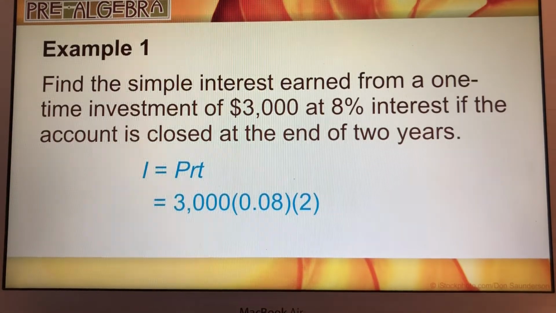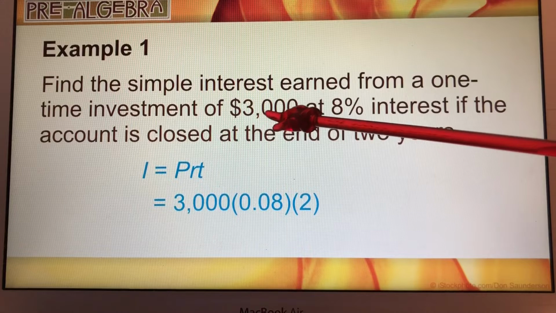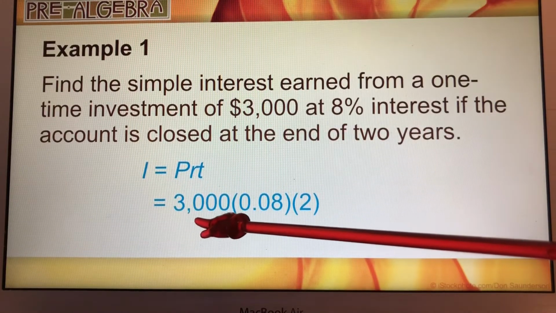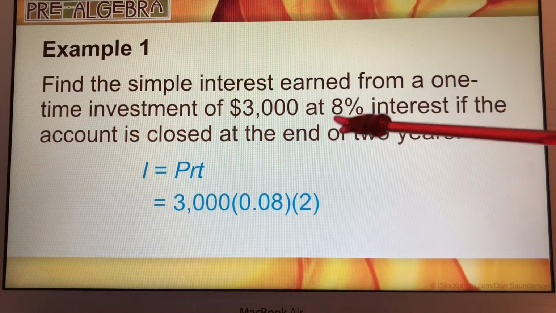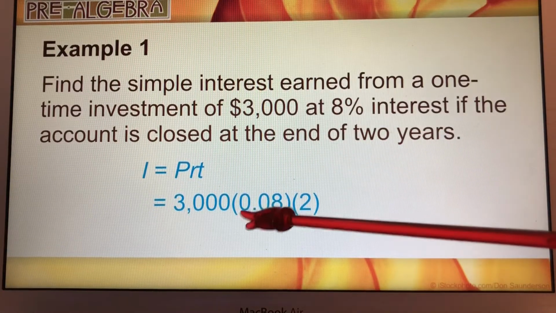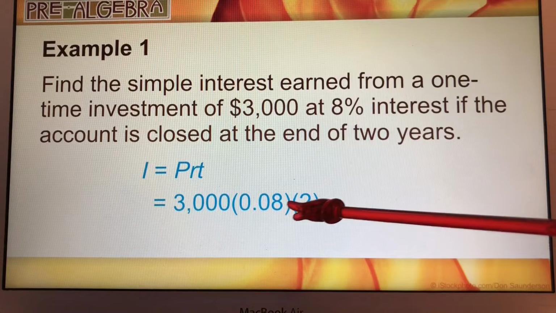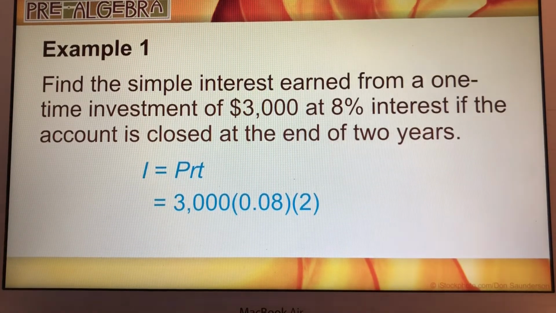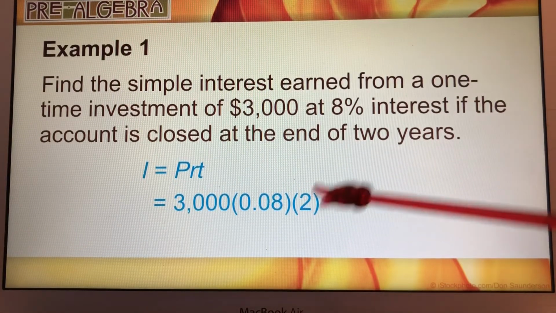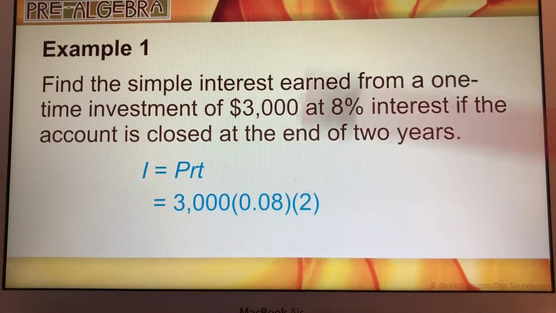Now, the principal here is $3,000. The interest is at 8%, the rate. 8%, 0.08. And then the time that the person wanted to borrow this money for was 2 years. So plug in 2 for 2 years.